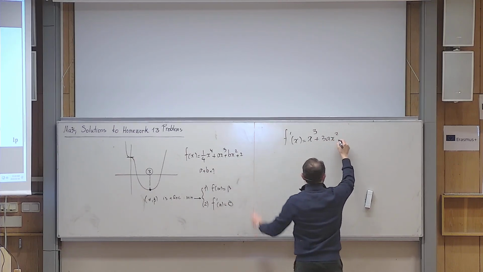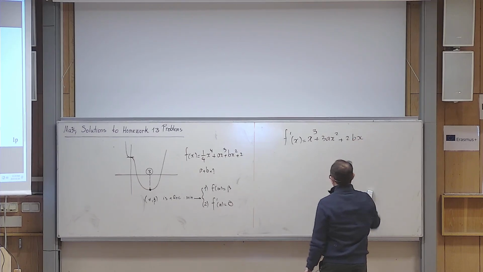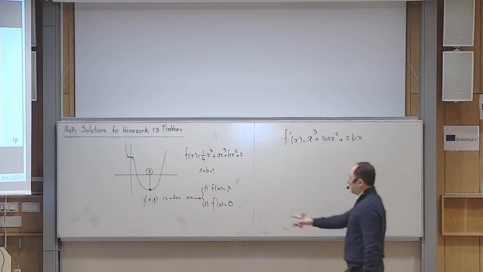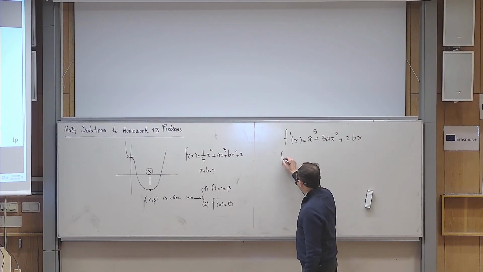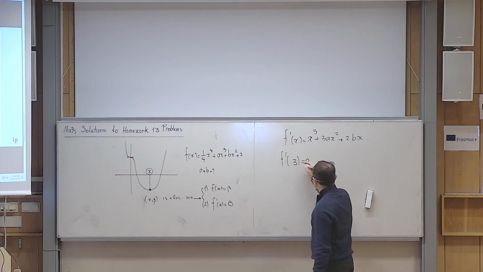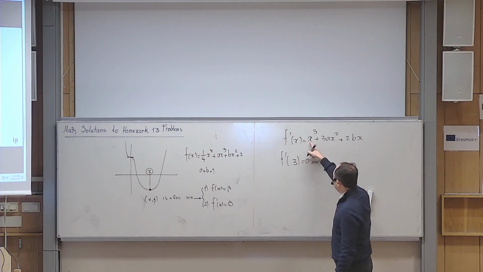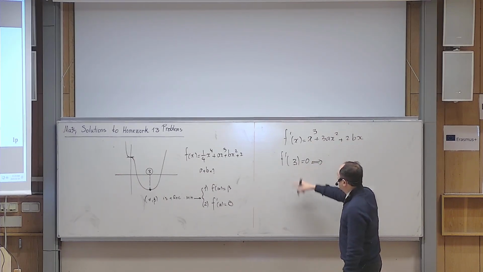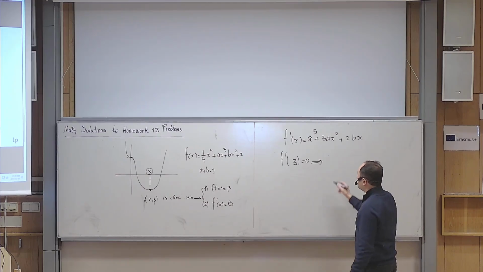And then this one, 2 goes down. Do you agree with me or not? Yes? Okay. And then f prime of which number should be 0? Alpha is in this problem 3. So this means that if you go to f prime, replace every x with 3, the output is supposed to be 0.